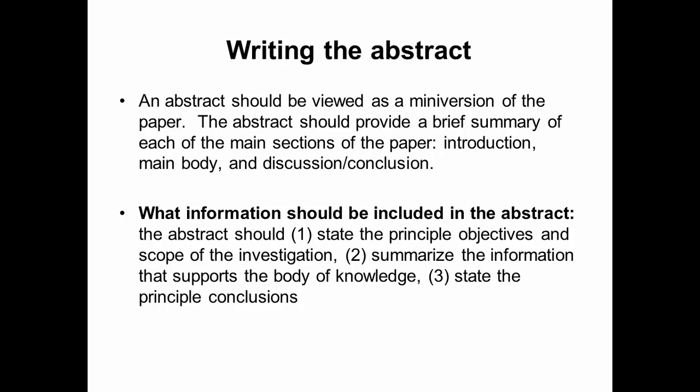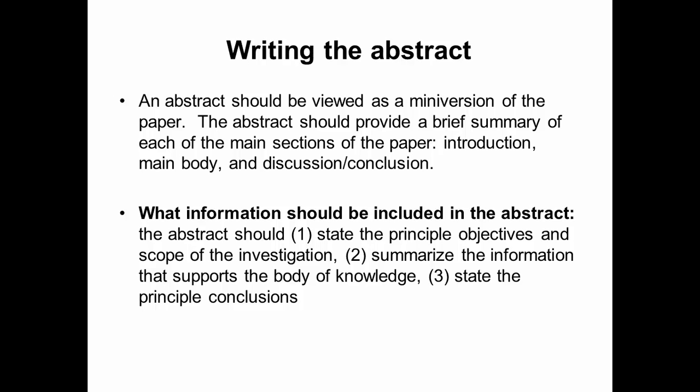First of all, you need to state the principal objective and the scope of the investigation. For example, we just talked about the title, green tea increases fat oxidation. You want to talk about the objectives. What do you want to do in this review article?